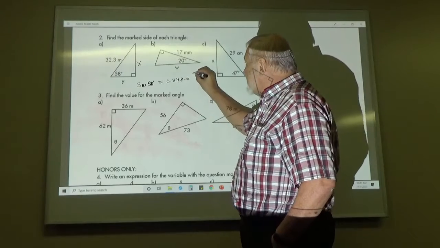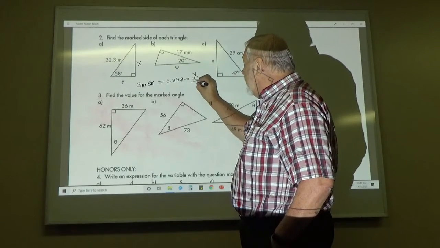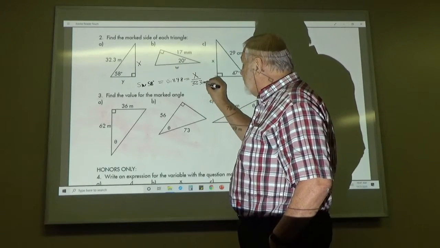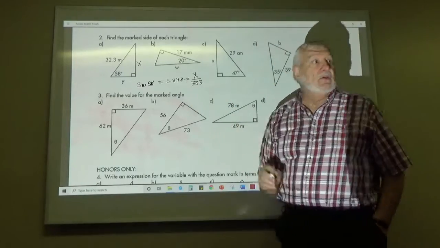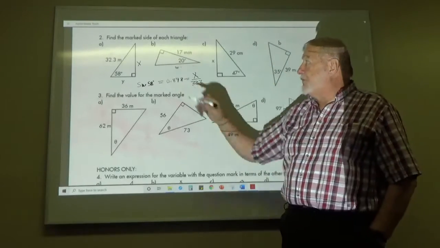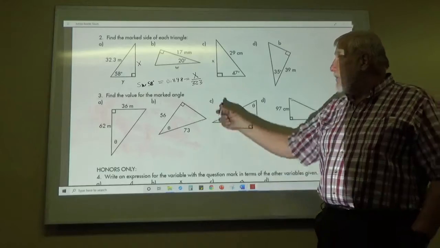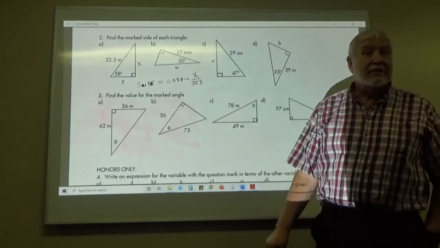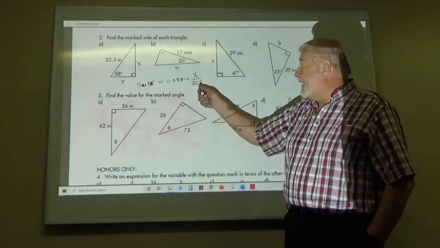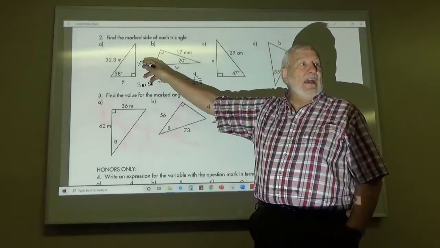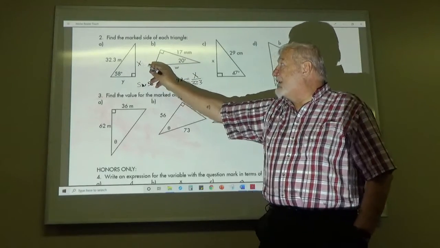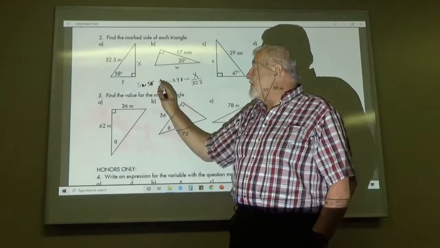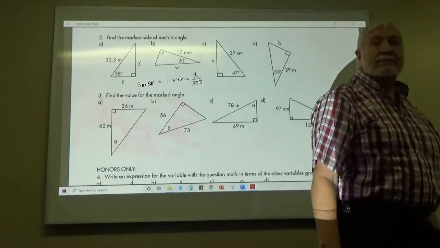So that means that x over 32.3 is equal to the sine of 58 degrees. So how do I get x? Multiply by 32.3. So you take this times 32.3, and you have the number that this has to be, so that this over this is 0.848.